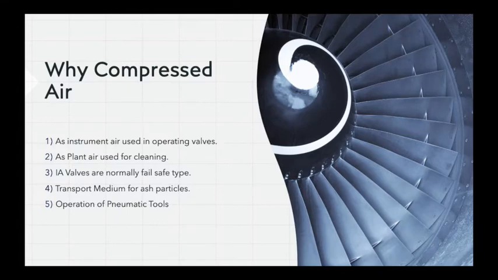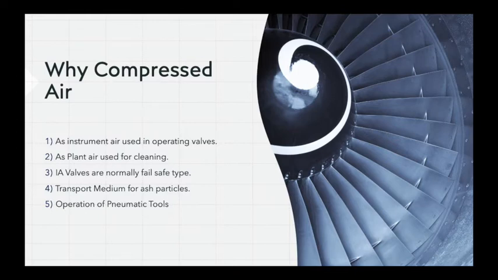Now what is the difference between instrument air and plant air? The very basic difference is that instrument air is highly pure air. Its dew point is almost close to minus 40 degrees Celsius, meaning the moisture content in the air is very less.